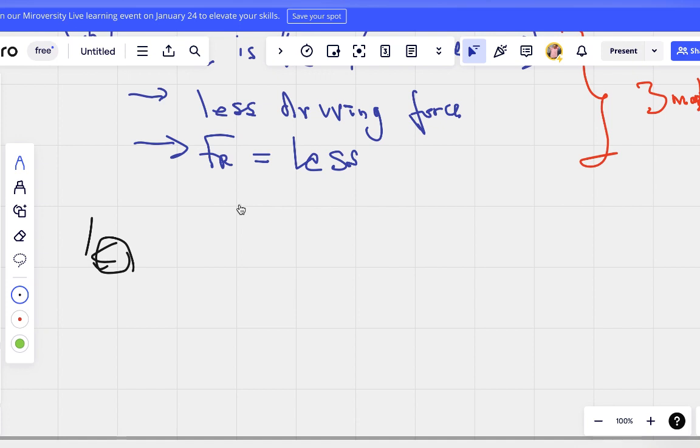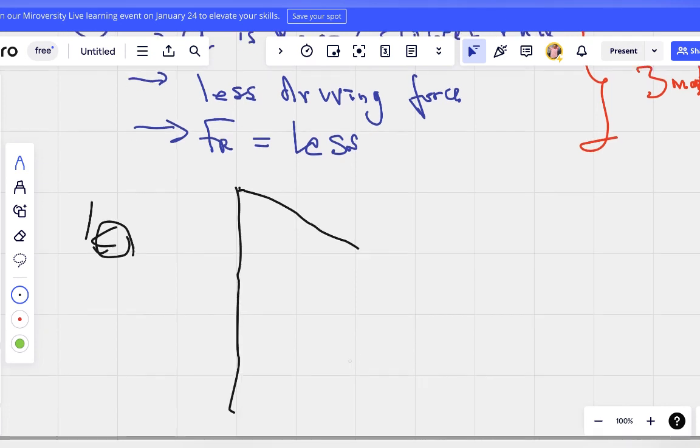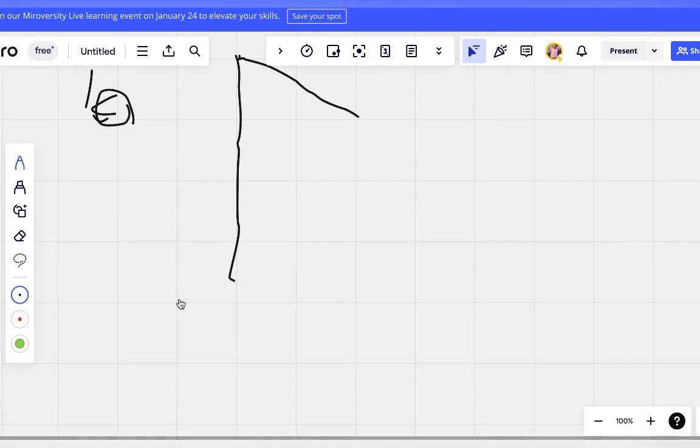The last part of the graph is from the point where the vehicle moved to this point. We have this shape from that part of the graph.